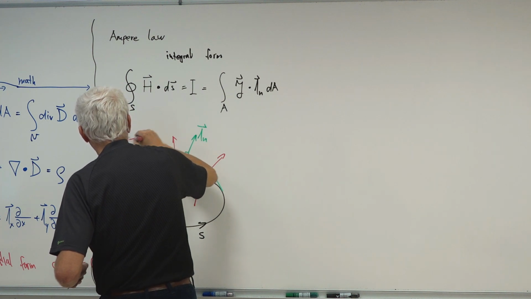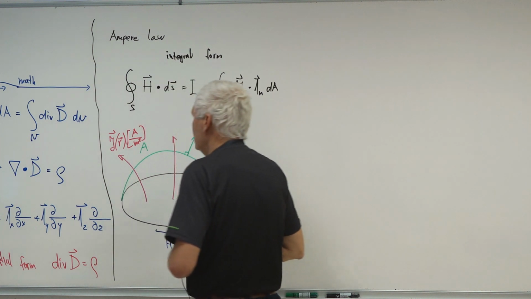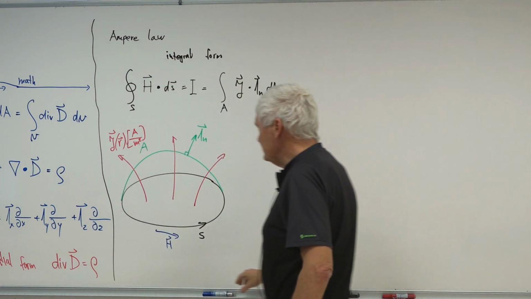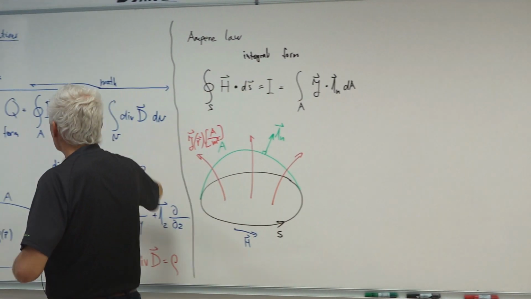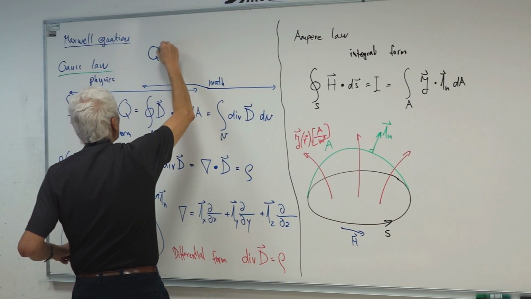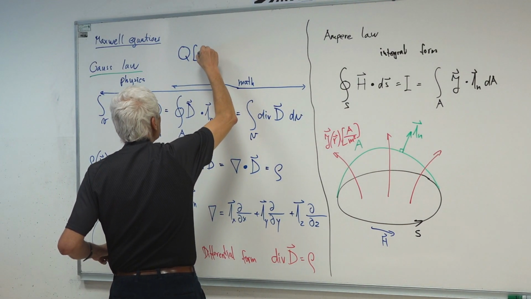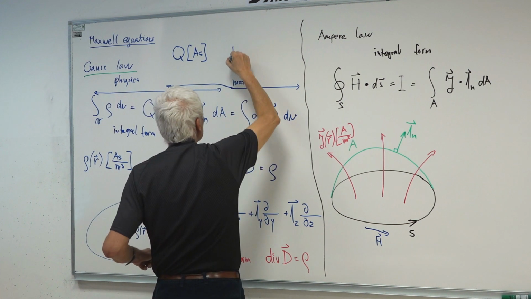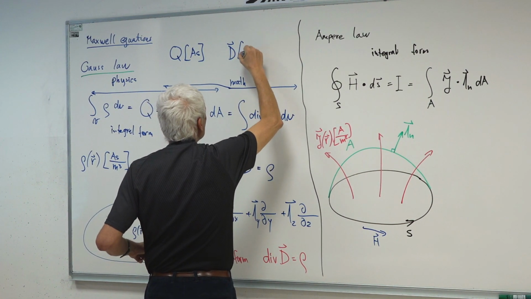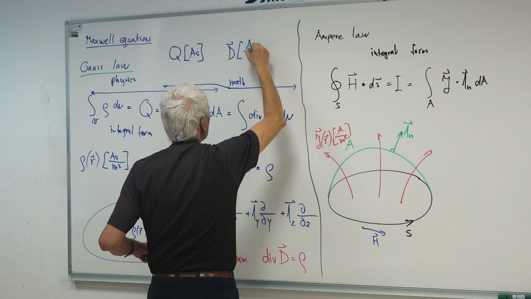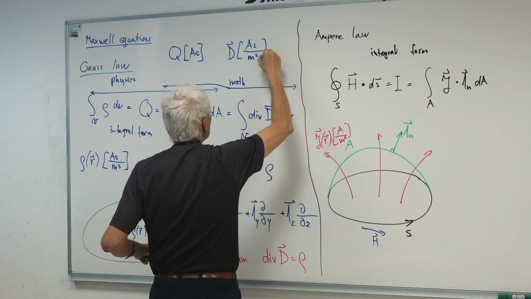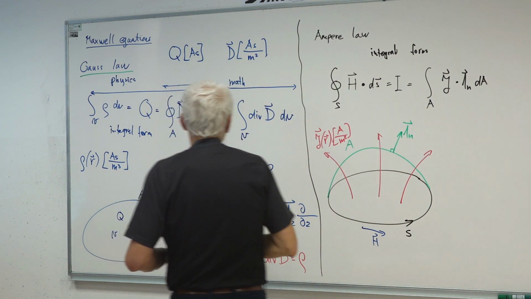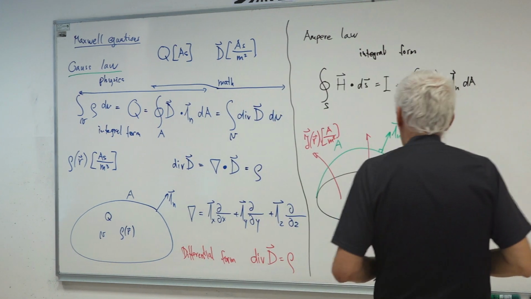J has units of amperes per meter squared. I forgot to write the units here, so charge has units ampere seconds, and the electric displacement has units ampere seconds per meter squared, to be on the complete side.